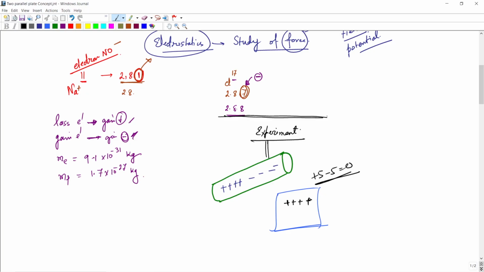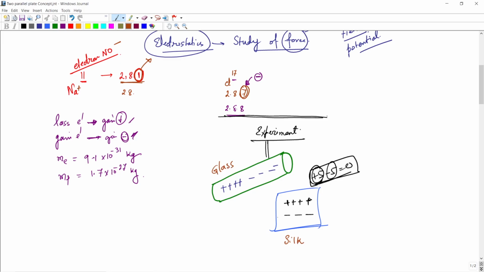So these are called neutral. The number of nucleons is 10, but the net charge is 0. So this is the silk cloth, and that is the glass one.